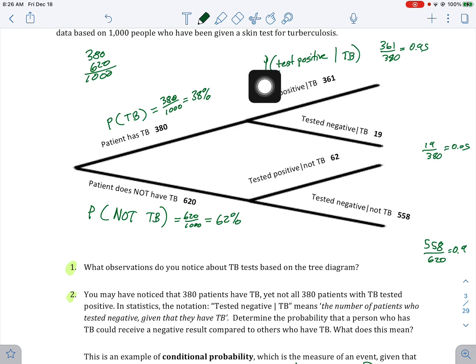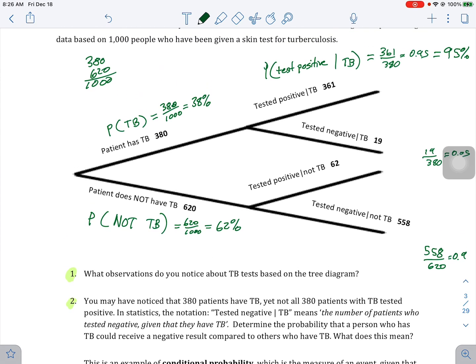That's conditional. So given that they have TB, what's the probability that you test positive? You're only looking at those with TB to figure this out. And you can see of the 380, 361 would test positive. So the probability here at 0.95 is 95%. So if you have TB, the probability that you're going to actually test positive is 95%.